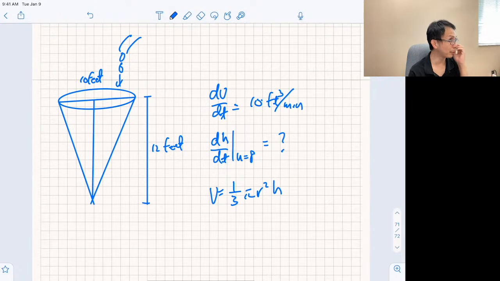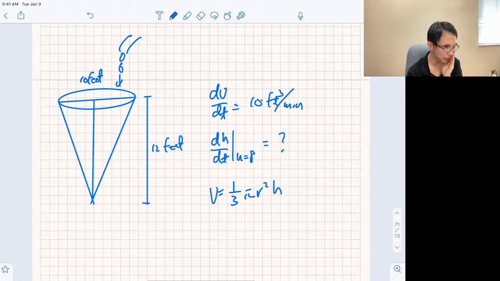I have two issues, because there's a product rule too, between r squared and h. That's going to be a product rule, with dH/dt, dR/dt, and dV/dt. There are a lot of variables. So there has to be a second relationship that helps us reduce that down to one variable, and that uses the constant here.